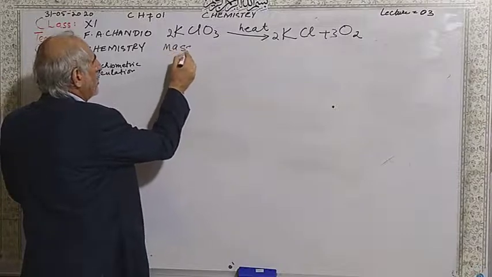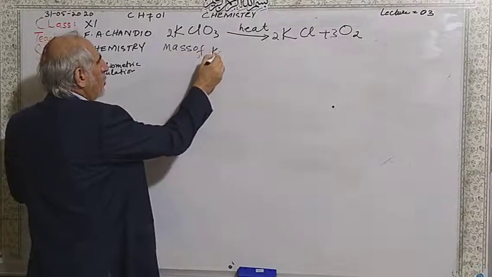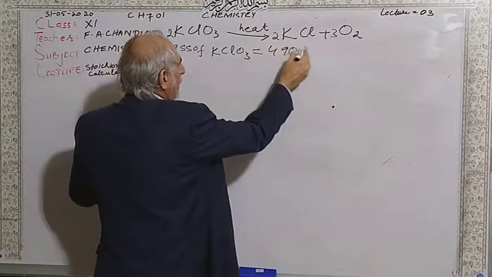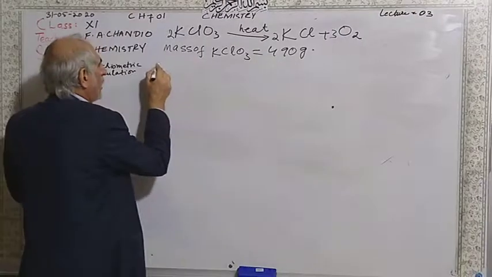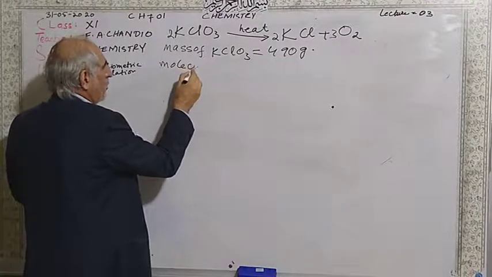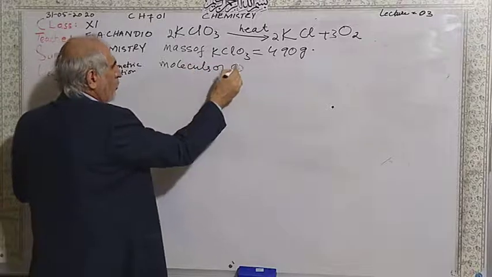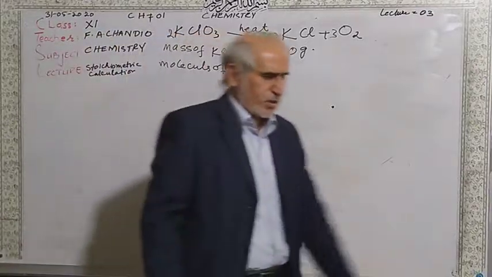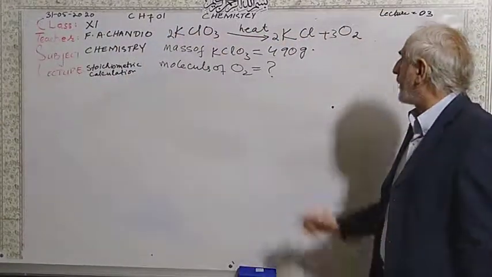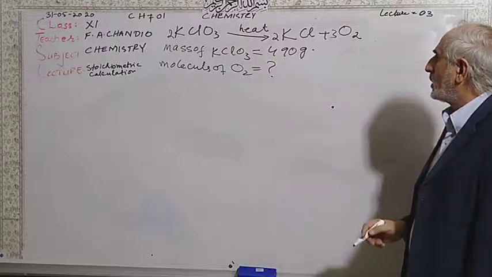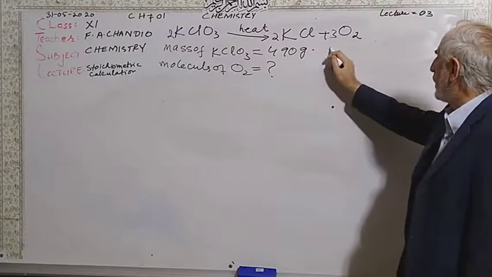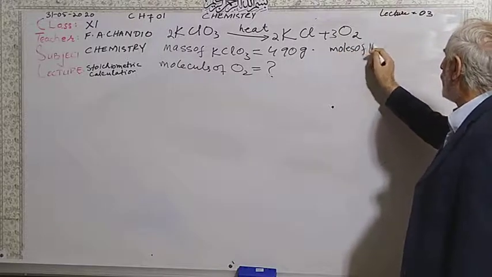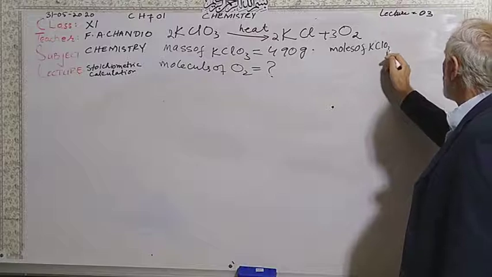The mass of potassium chlorate is 490 grams, and we have to calculate molecules of oxygen gas. Dear students, the same method is used here. But first of all, you have to convert this mass into number of moles. So first, moles of potassium chlorate.